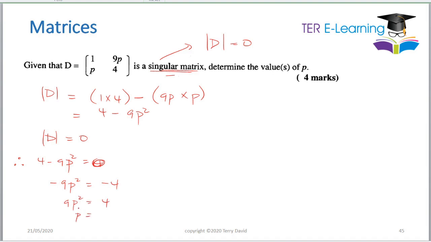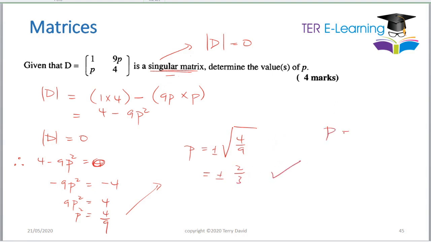P squared is equal to 4 over 9. So therefore P is equal to plus or minus the square root of 4 over 9, which is actually 2 over 3. So you can leave your answer as this, and this will be correct.